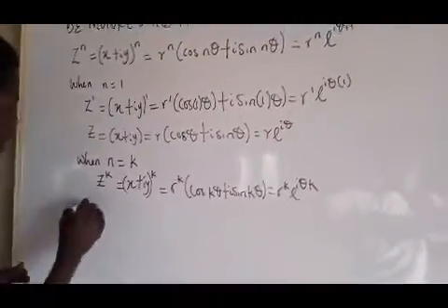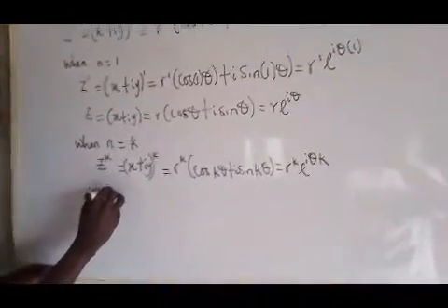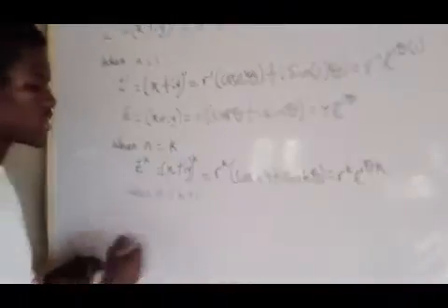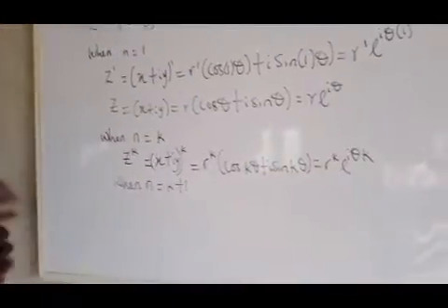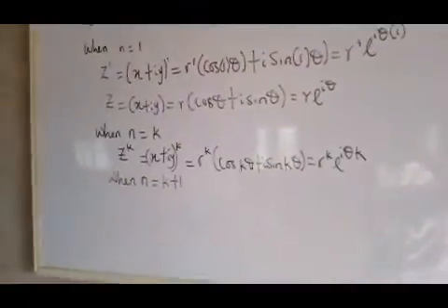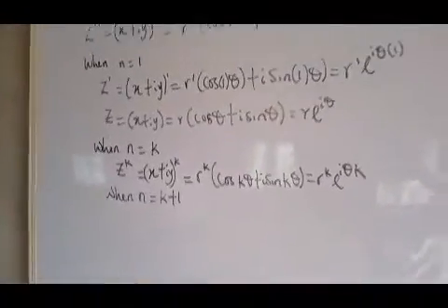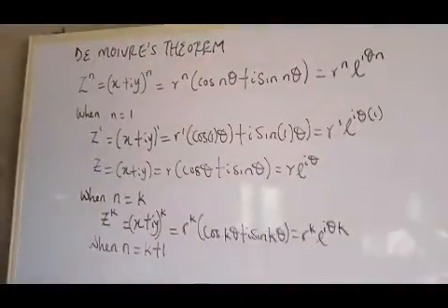Now when n equals k plus 1, this is where the major work lies. Are we getting what I'm saying? So this is where we want to work majorly. All right, so we'll work with this side first.